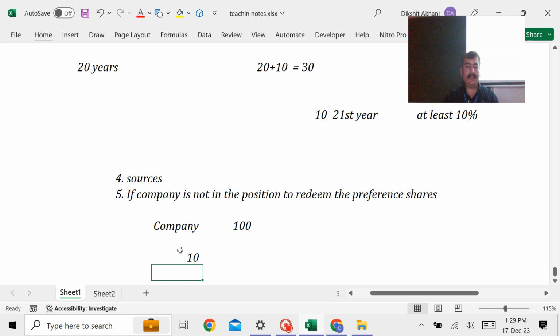Company seeks your advice. Is there any remedy to get out of this problem? Explain as per section 55. You want to redeem, your intentions are good. I'm not challenging your intentions, but you don't have money. तो अब क्या करोगे? पैसे नहीं है आपके पास. जब पैसे नहीं है तो क्या करोगे आप? बात ये है.